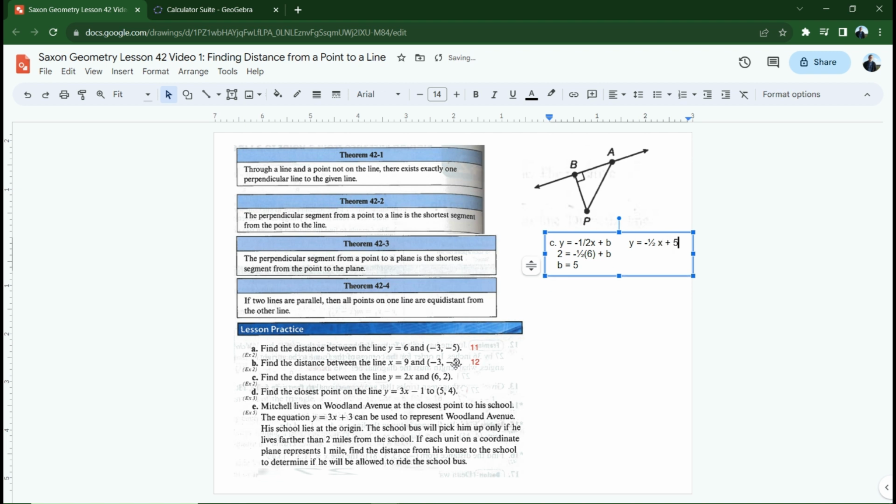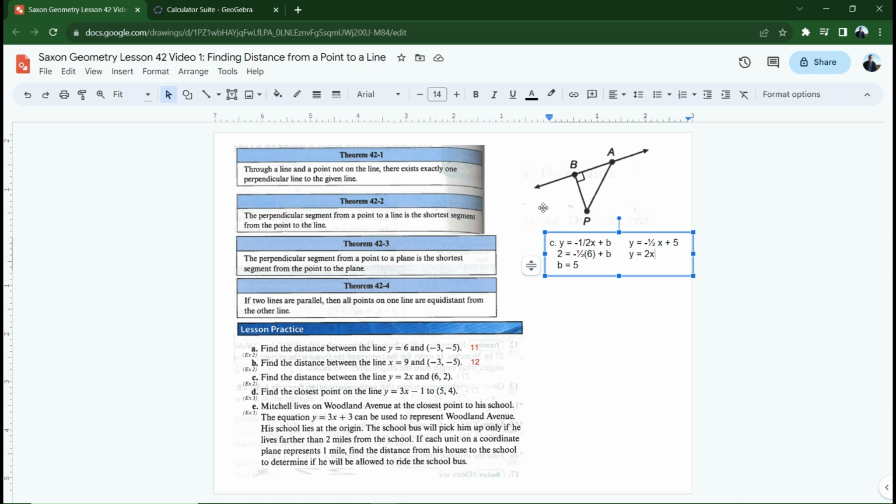But I also have this equation, y equals 2x. All right, so what am I going to do? I need to find an x, y that satisfies both of these equations. So basically, I've been given the equation of this line.